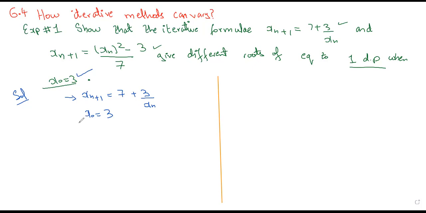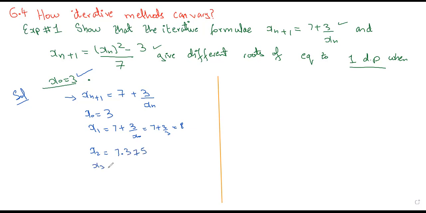Okay, perfect. So I need to write x1, that is 7 plus 3 by x naught, which would be 7 plus 3 by 3, that is 8. And x2 would be? X2 will be 7.375. Excellent.